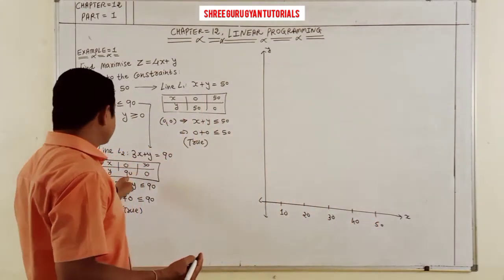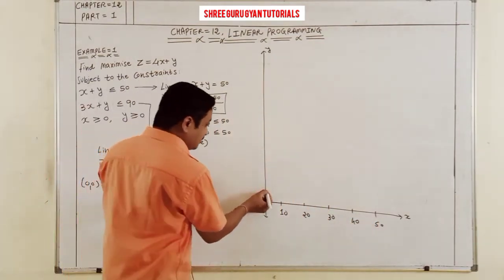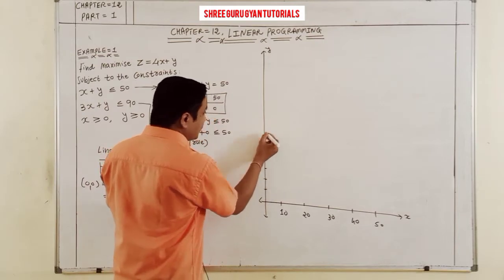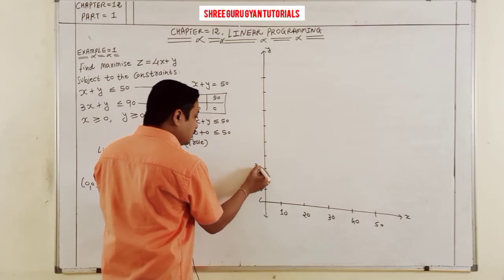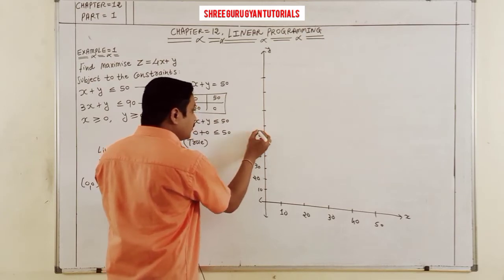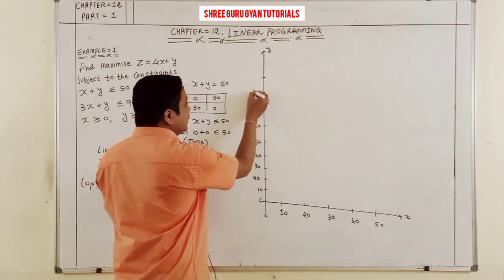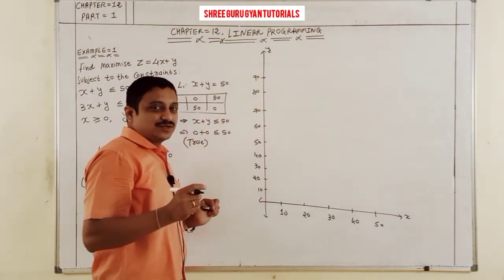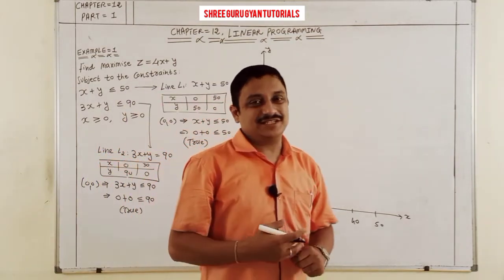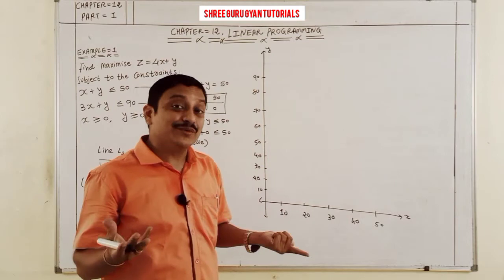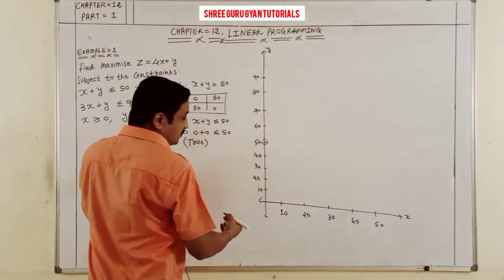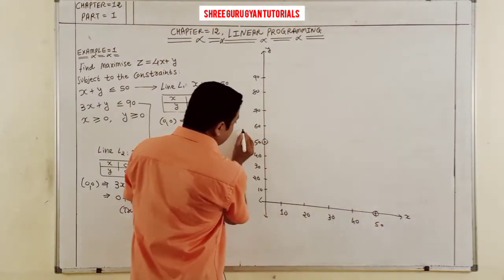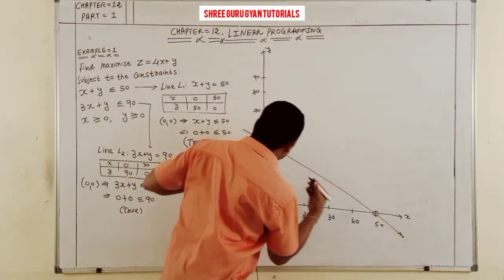On the x-axis the maximum is 50, but the y-axis goes up to 90: 10, 20, 30, 40, 50, 60, 70, 80 and 90. Generally students draw on graph paper, but here I will draw without it. Plot 0 to 50 for the first line, 50 to 0 for the second, and plot the table.